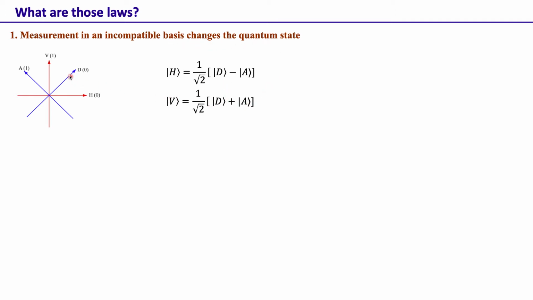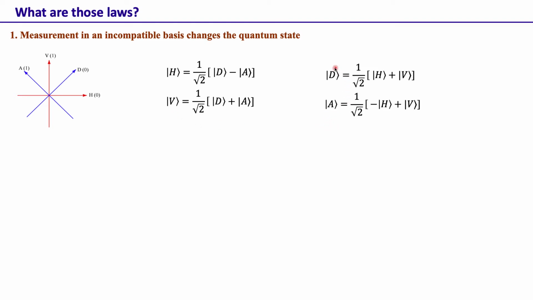If the state is prepared as either vertically or horizontally polarized, and we make a measurement in the diagonal anti-diagonal basis, we have a 50% chance of seeing it as diagonal and a 50% chance of seeing it as anti-diagonal. While if we look at it in the horizontal-vertical basis, then if the state was horizontal, we would definitely see horizontal, and if the state was prepared vertical, we would definitely see vertical.